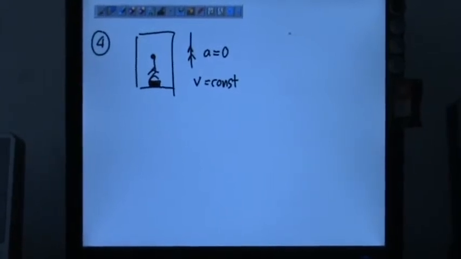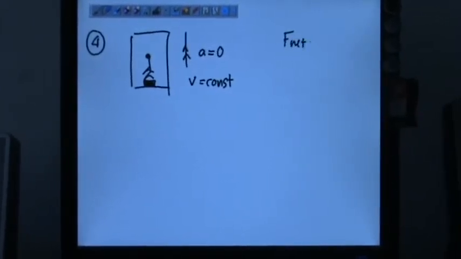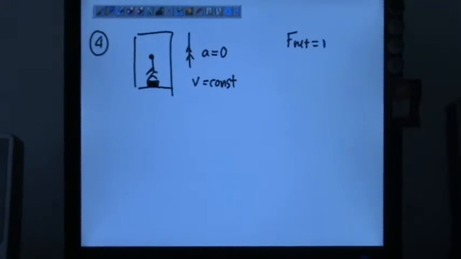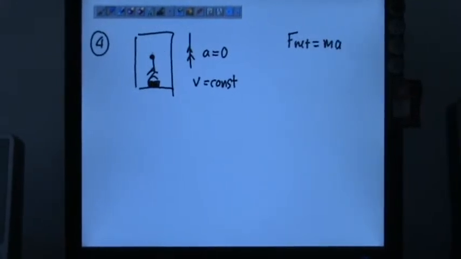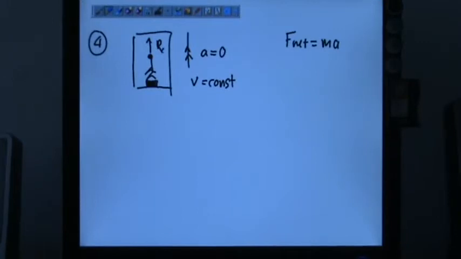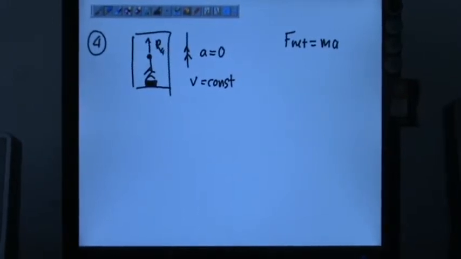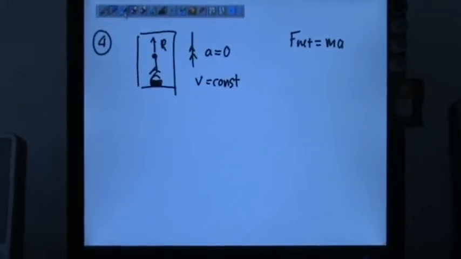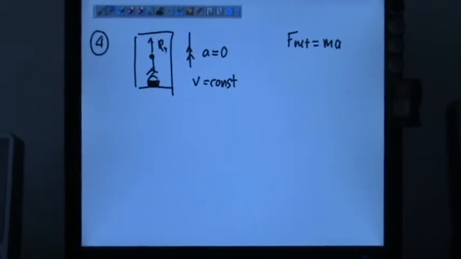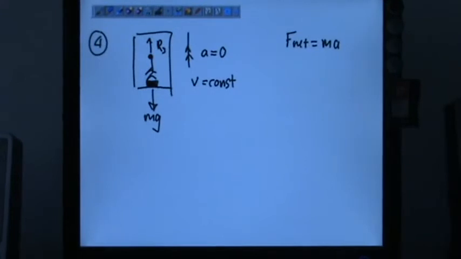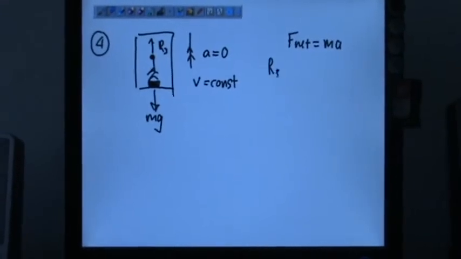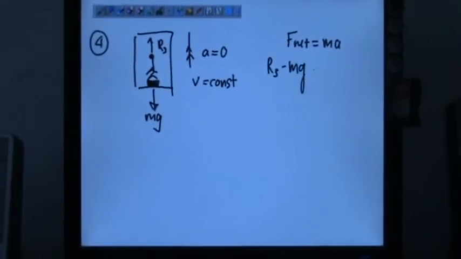So what we do again is F net equals ma. We want to know R3. R1, R2 is not a must, it's just my way of identifying; it can be anything. So in this case, R3 minus mg.